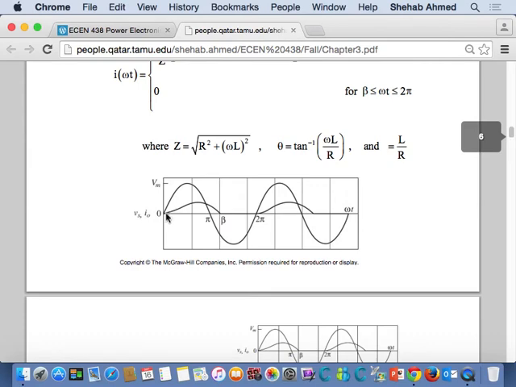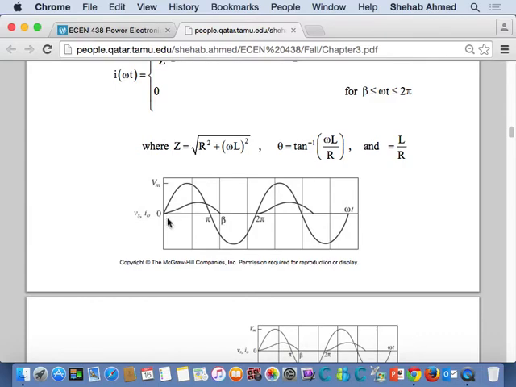That the initial value of current is 0. I also know that at beta, the value of current is also 0. So I knew two things about the current. But beta is a value that I don't know now, right? It will depend on the value of R and L. The inception and the extinction angle depend on the value of R and L. But I know this very well.